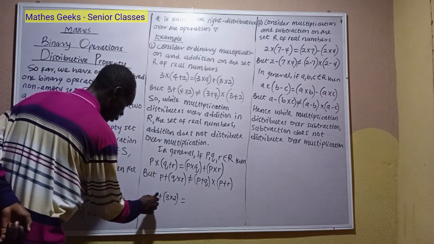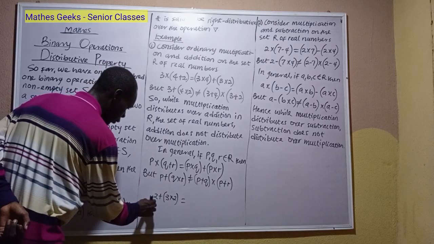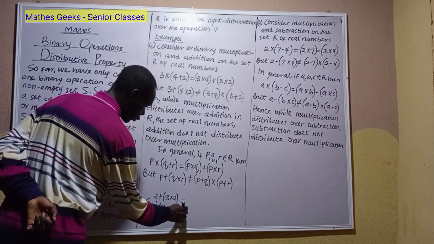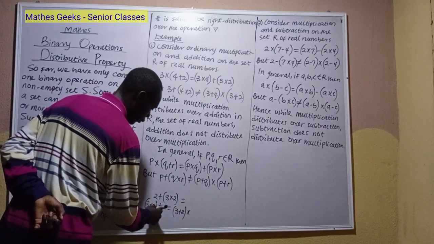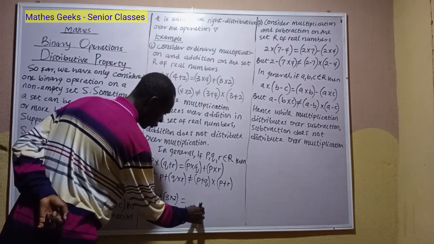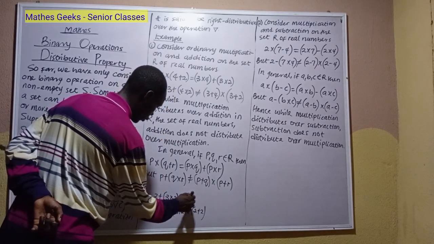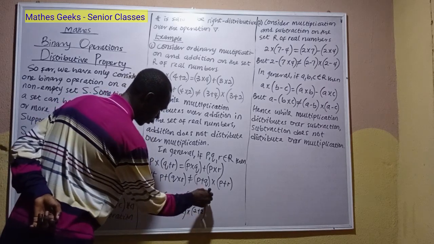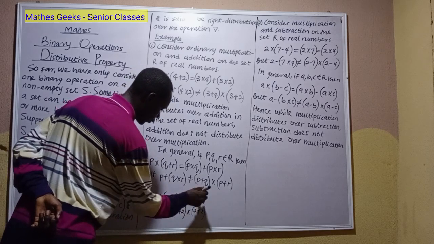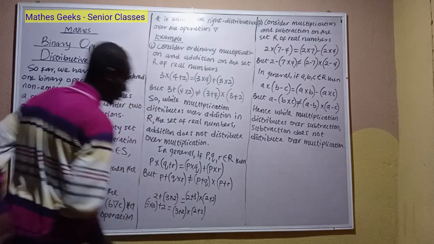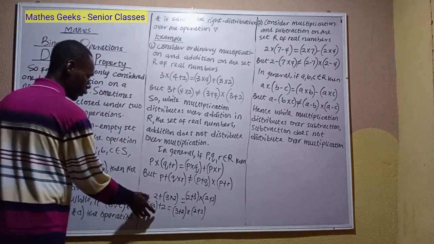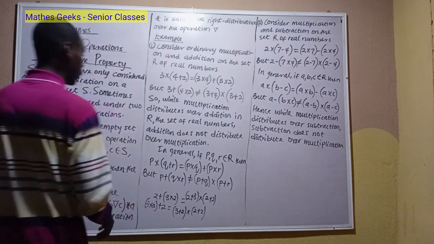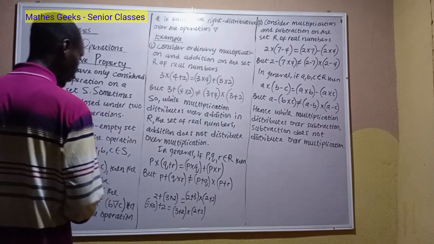But if it is, let's say, (3 plus 2) times 2, and of course this will give us 3 times 2 plus 2 times 2, we say that multiplication distributes over addition, so that means multiplication is right distributive over addition.